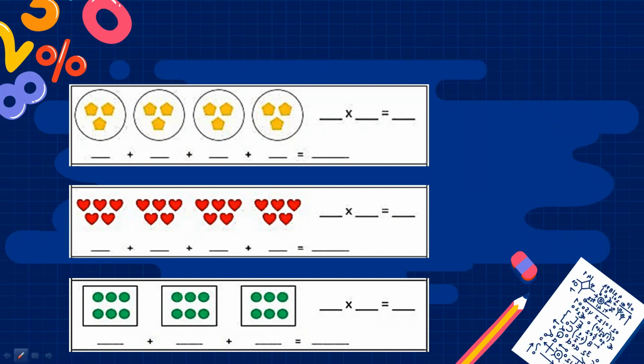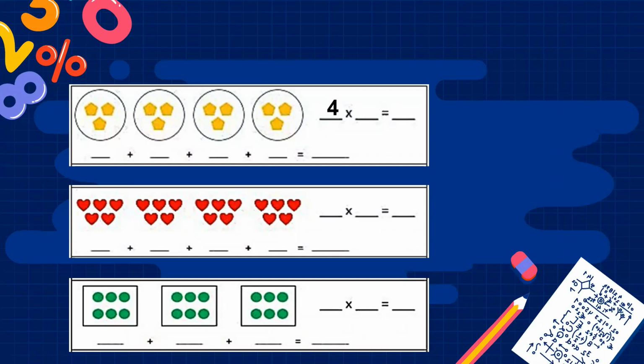So I have here, who can answer number 1? How many groups of pentagons are there, and how many pentagons in each group? Okay, friend, hello. Can you hear me over there? Yes. For number 1, how many groups of pentagons are there? 4.